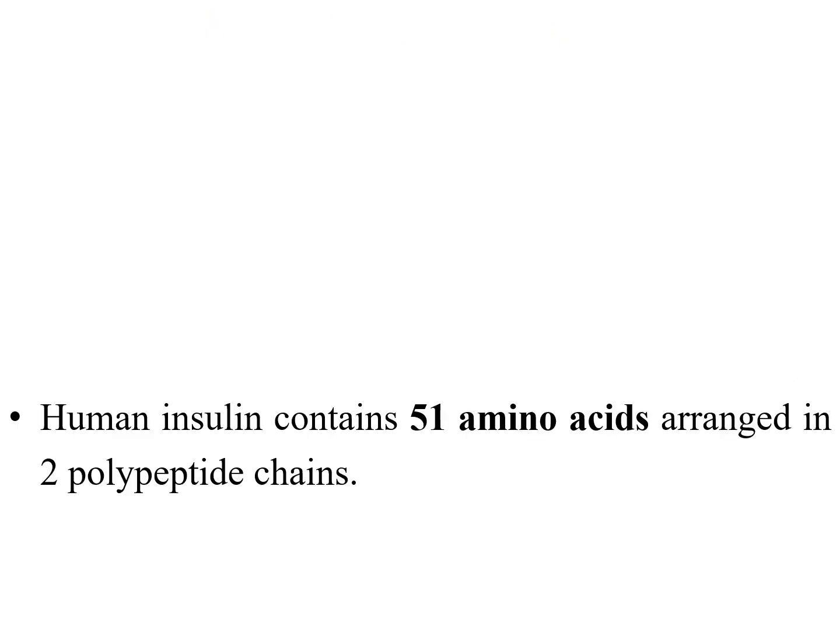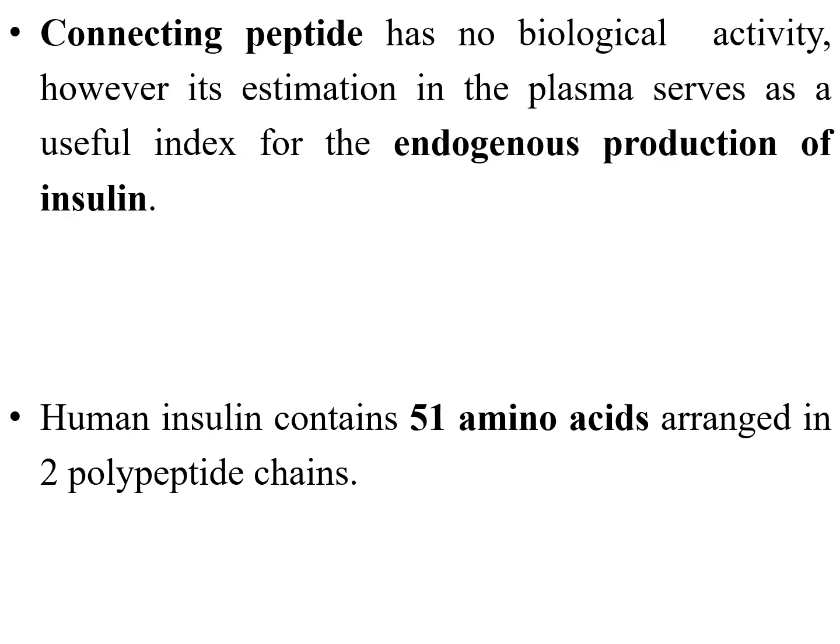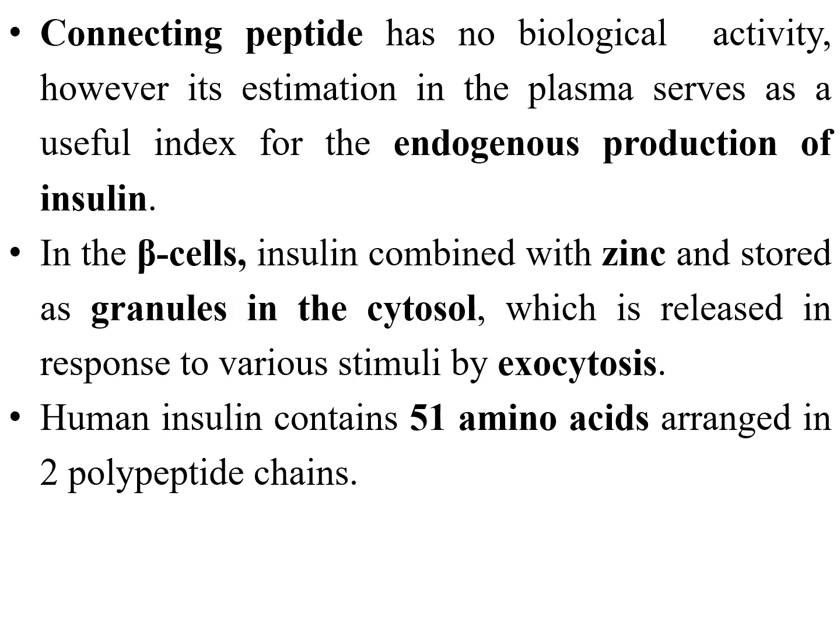Here, human insulin contains 51 amino acids. As I have told in that diagram, if you want, you can show a diagrammatic presentation also. So the connecting peptide has no biological activity. However, its estimation in the plasma serves as a useful index for endogenous production of insulin. So C-peptide plays a role as a marker for endogenous production of insulin.